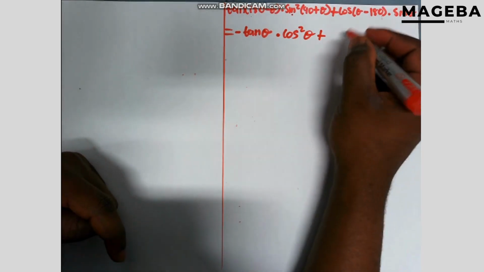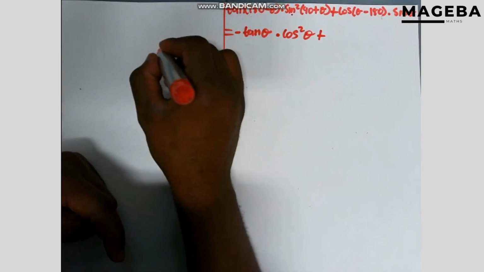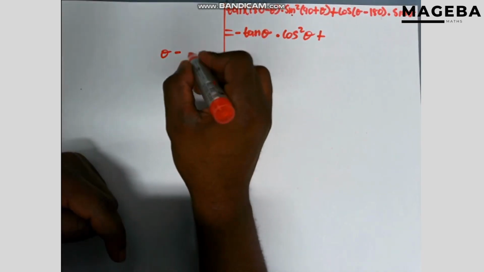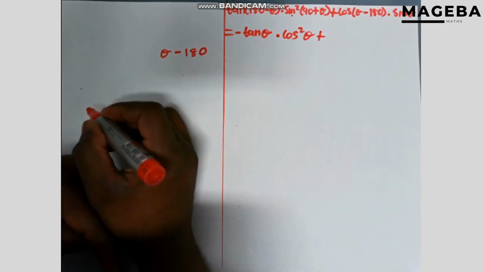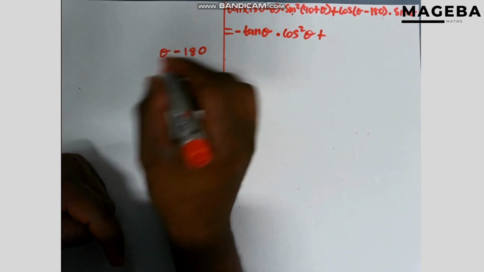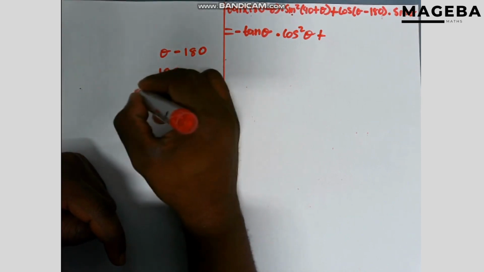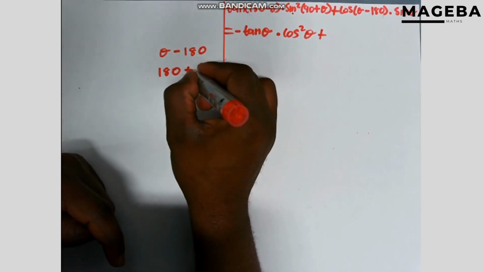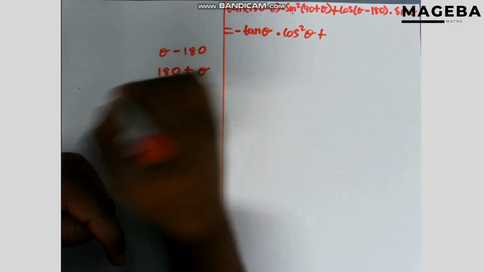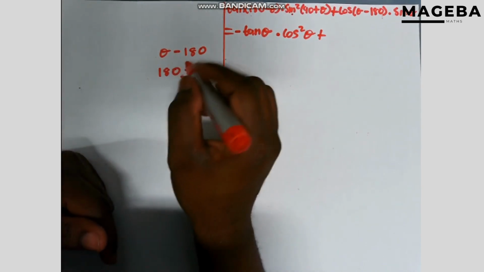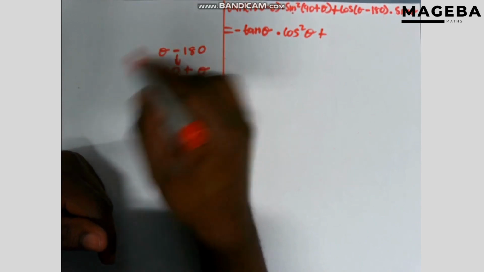And then plus, now here it's theta minus 180. We usually know that it has to start with 180, and then it's either plus or minus, but the angle is supposed to be on this side. Now how are we going to make this thing become this thing?